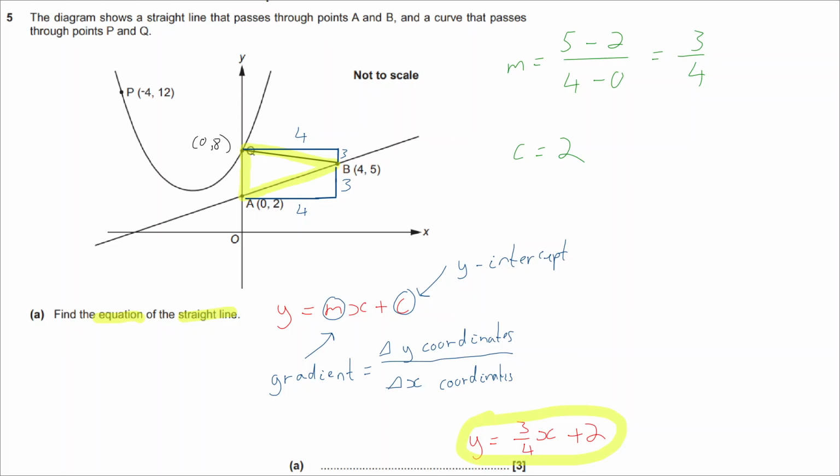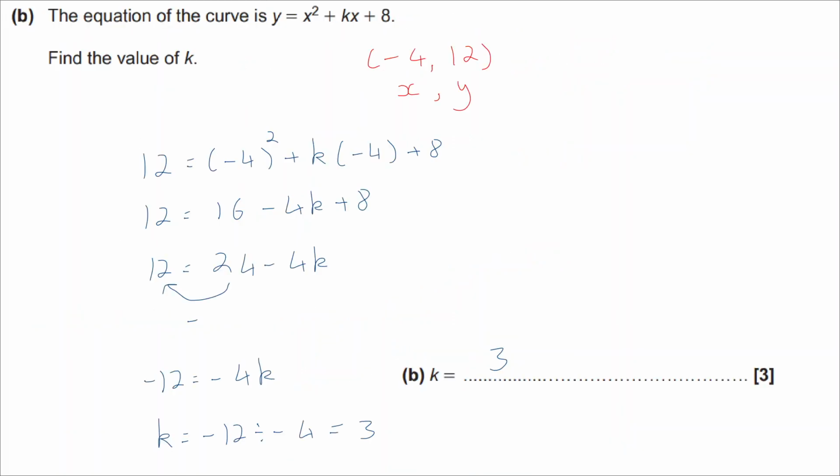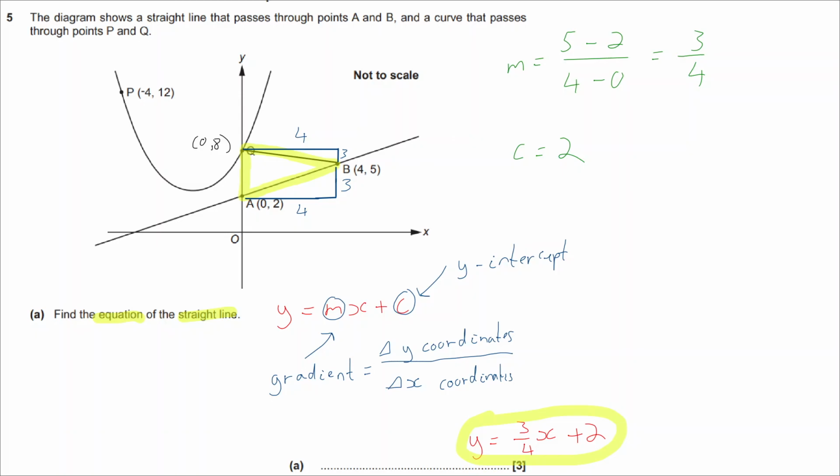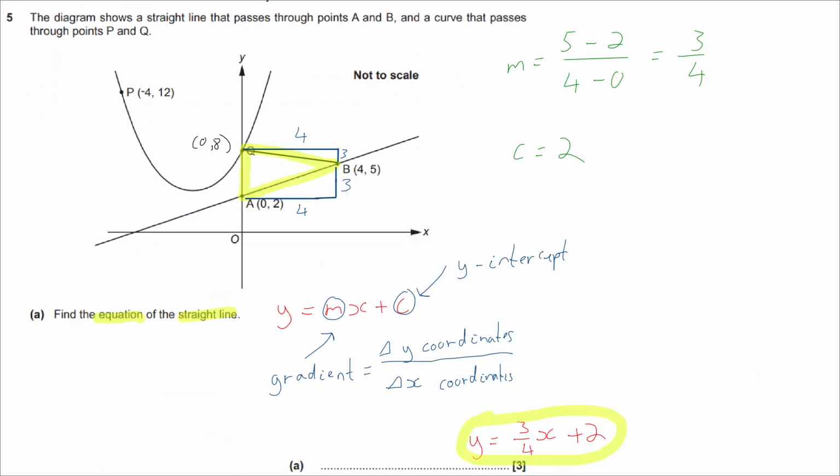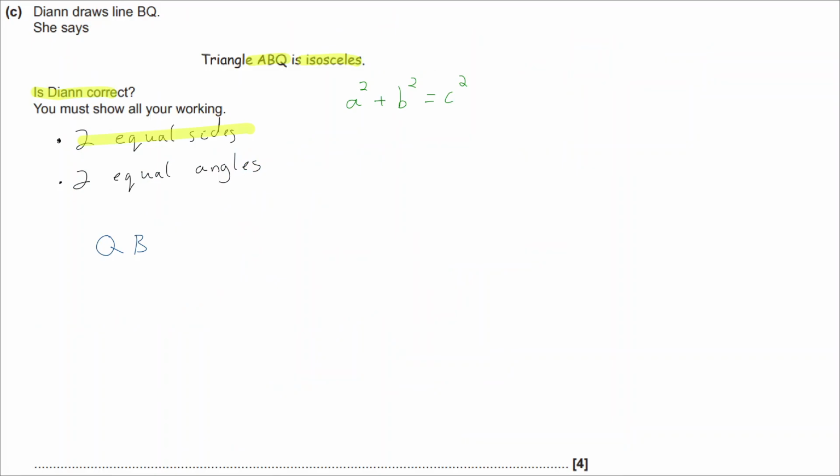Okay, so we can say that the length Q to B is going to be, using Pythagoras, a squared plus b squared equals c squared, and of course this is going to be side A, that's going to be side B in either order, doesn't matter, and that's going to be side C. So it's going to be, A was 3, wasn't it?